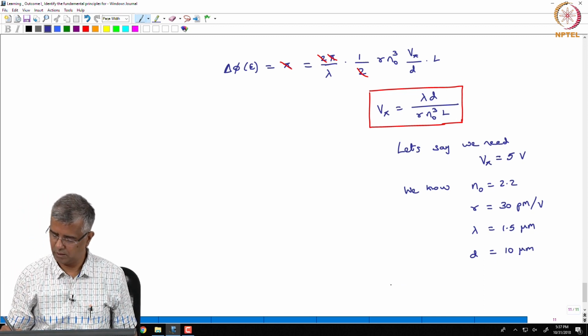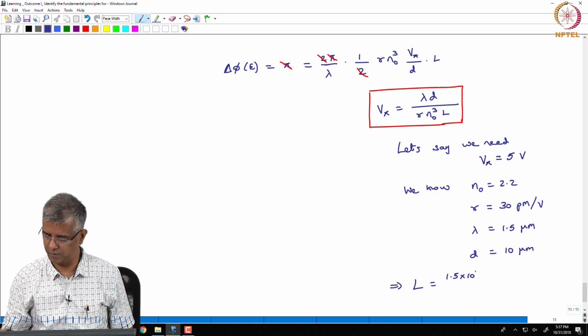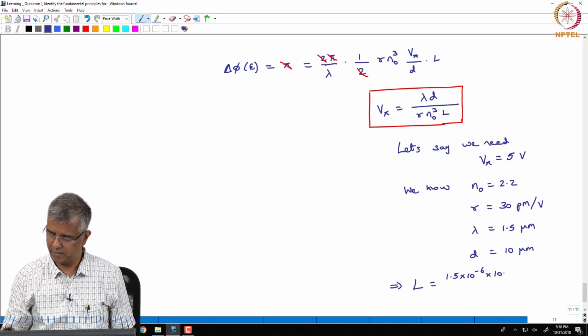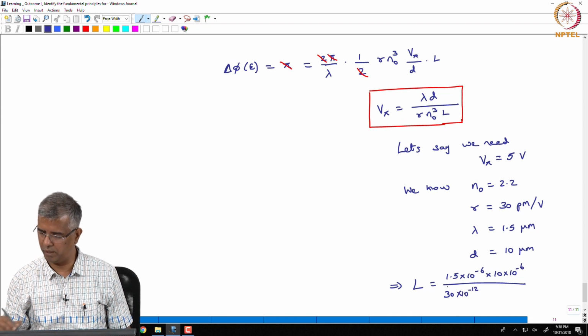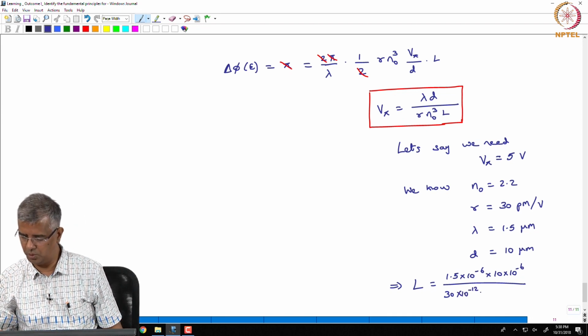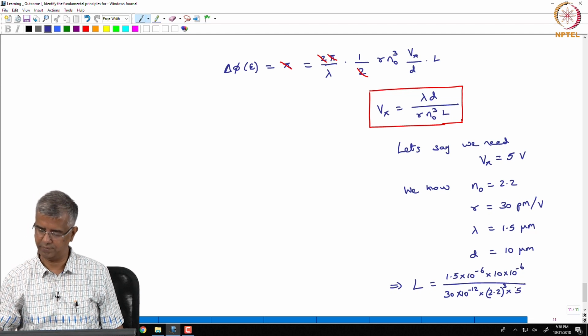So, this would imply that length is given by lambda multiplied by D, which is 1.5 into 10 power minus 6 multiplied by 10 power minus 6, divided by R, which is 30 multiplied by 10 power minus 12, N0 cube, 2.2 the whole cube, multiplied by V pi, which is 5.